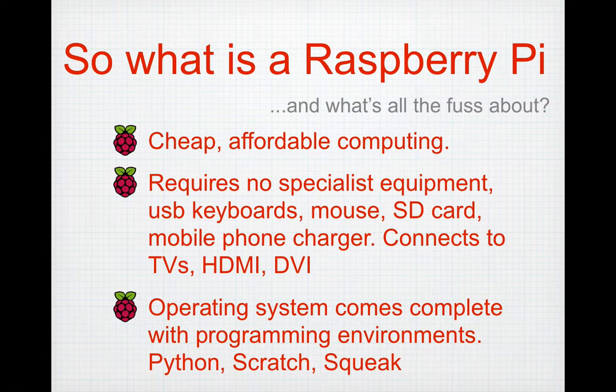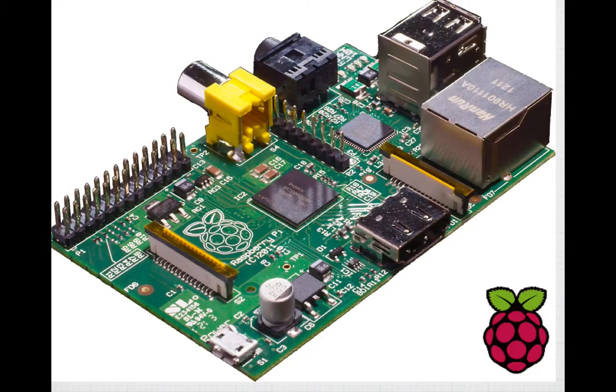The storage is on SD card, and everybody has an SD card these days in digital cameras, video cameras. So you could just borrow one of those, load it up with the operating system, and rather usefully it comes with several programming environments, one of which Python, Scratch, Squeak, that are all ready to go and help you get you started.